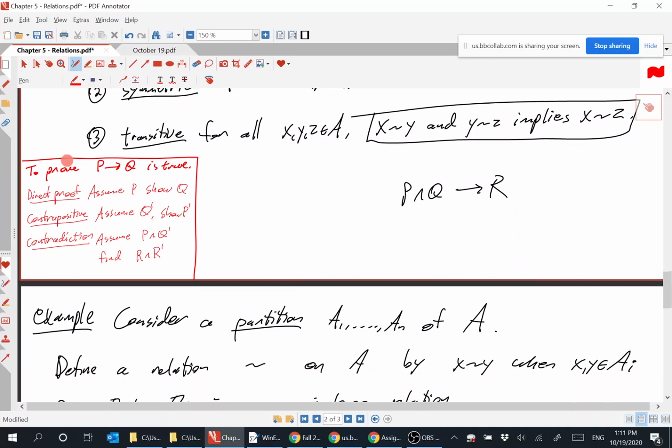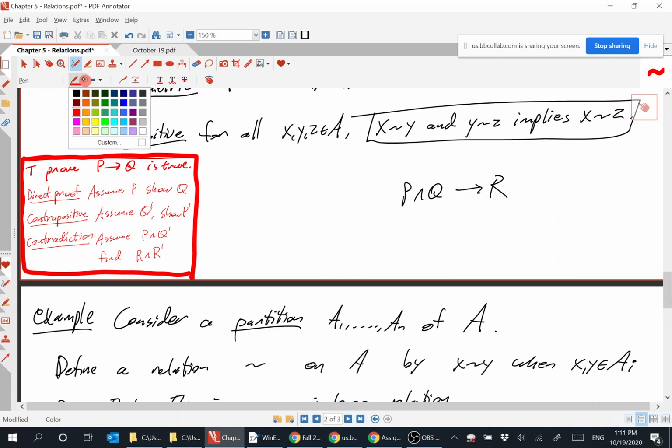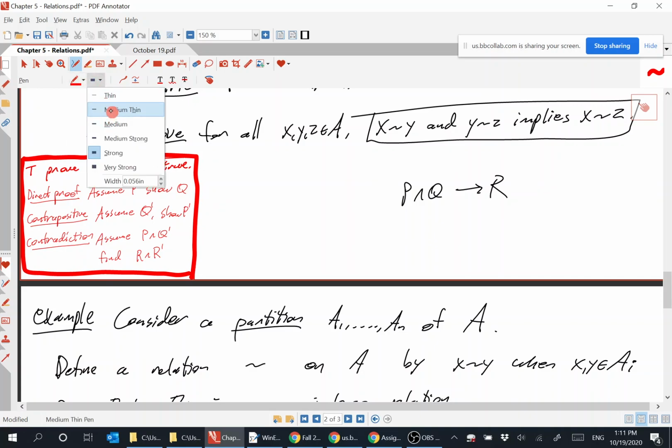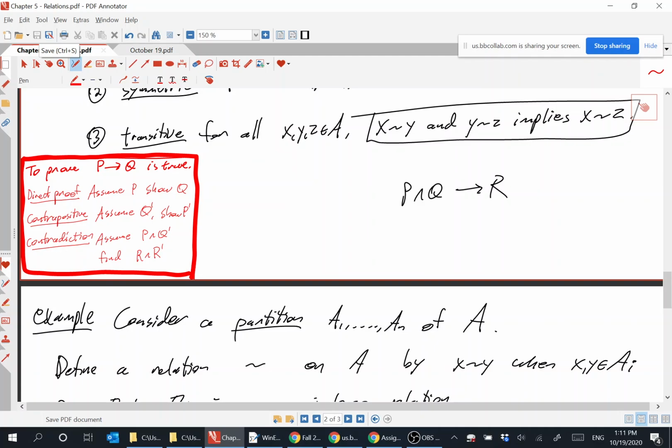That implication right over there. So 3 ways to show an implication is true: direct proof, contrapositive, contradiction. So I'm trying to show x related to y and y related to z implies x is related to z. So what's the first sentence of that proof?